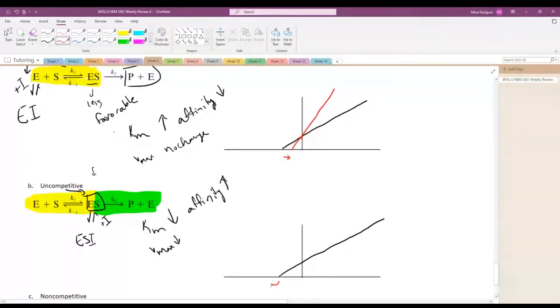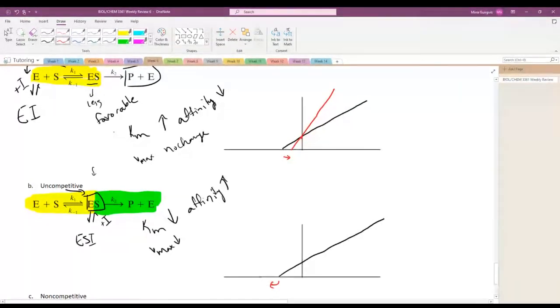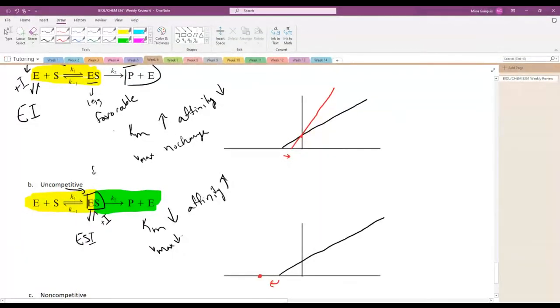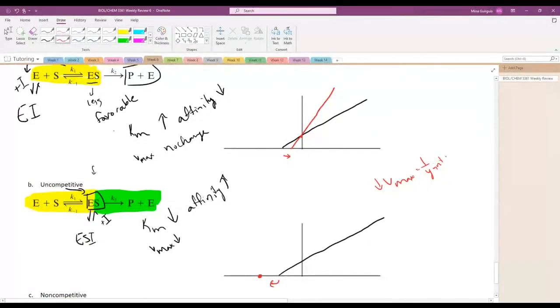Like I said, when Km increased, the x-intercept moved to the right. When Km decreases, the x-intercept moves to the left. But Vmax is also decreasing. So when Vmax decreases, remember that it's this relationship. If this decreases, this fraction decreases, which means that the y-intercept is increasing.